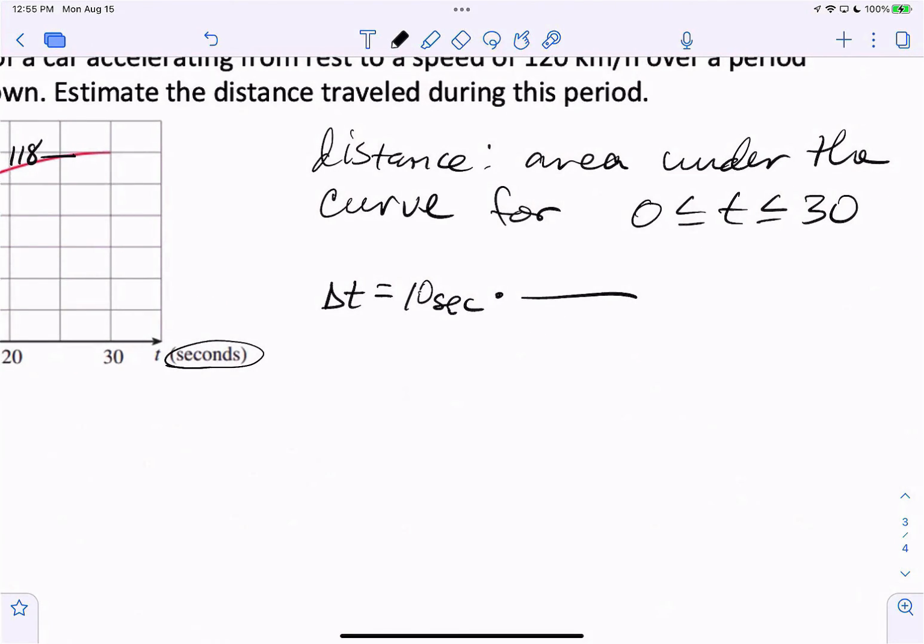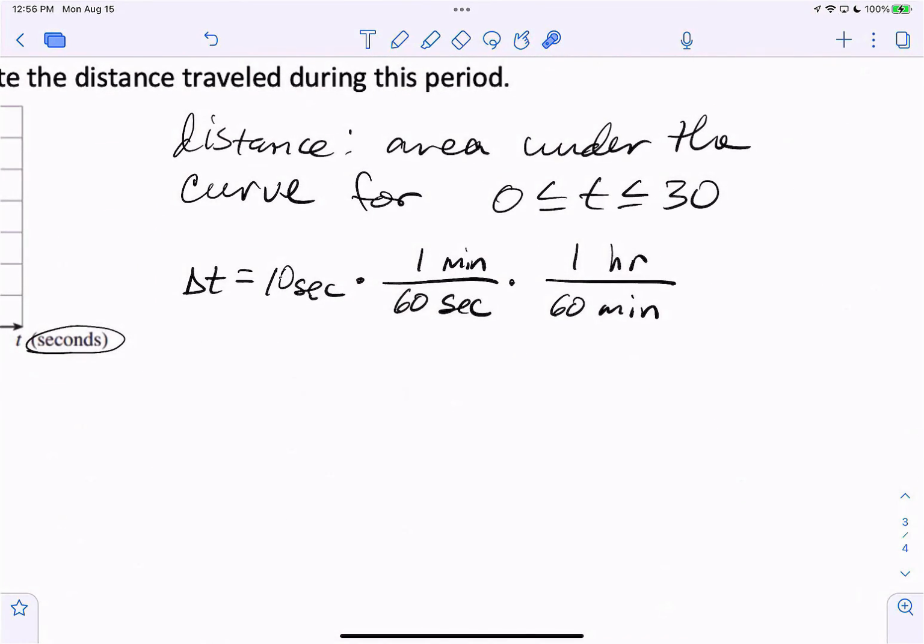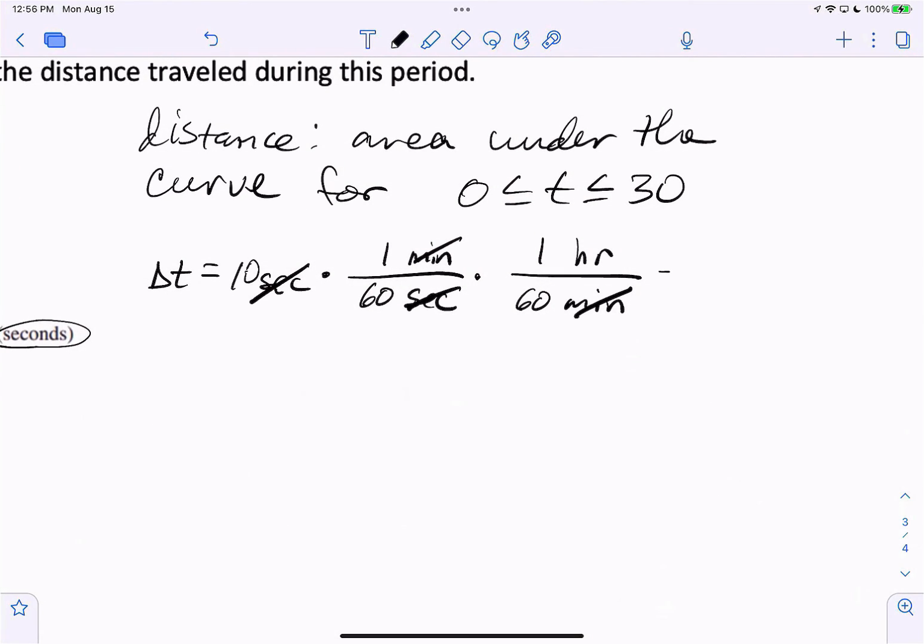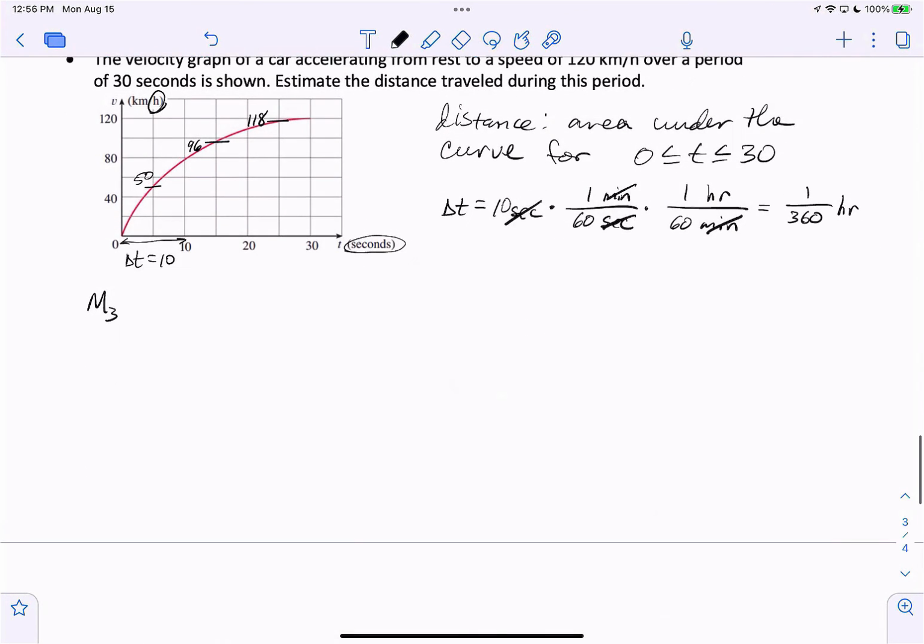If you've taken chemistry, you know it. 10 seconds here, I'm going to say 60 seconds converts to 1 minute, and 60 minutes converts to 1 hour. And what I'm doing is the unit that I want to get rid of, in the first case seconds, goes into the denominator of that conversion factor so that I can divide them out, and I'm left with 1 over 360 hours. So we're looking at a 360th of an hour for delta t.